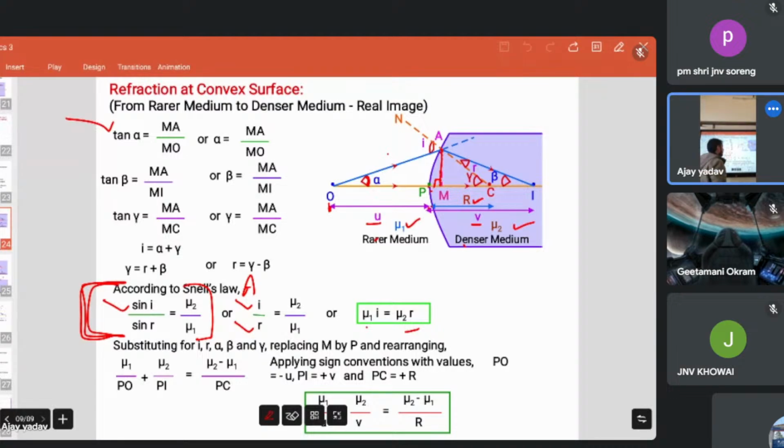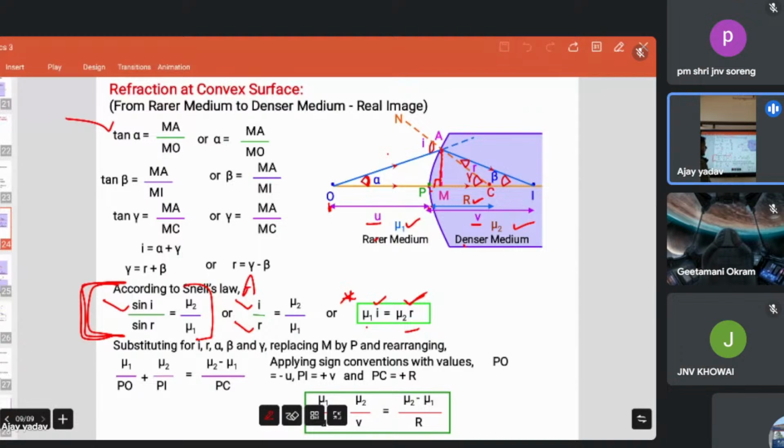Now we have to calculate the value of I, the angle of incidence, and the value of R, the angle of refraction, and put them in this equation.